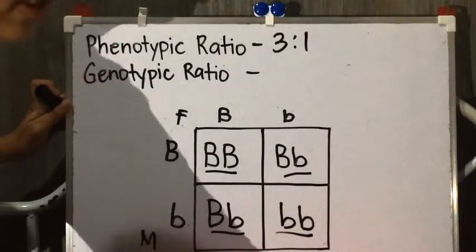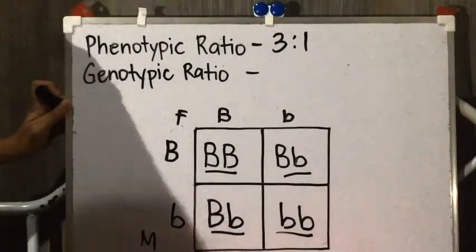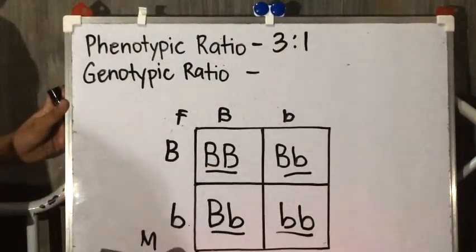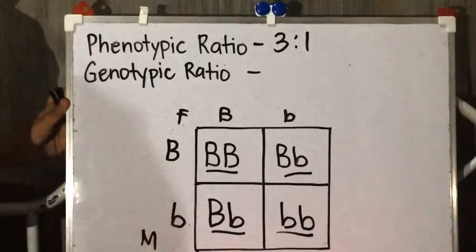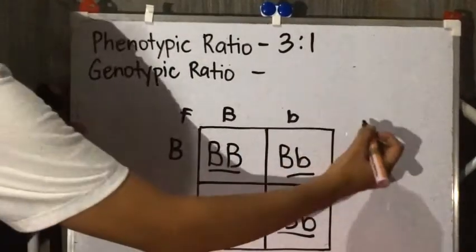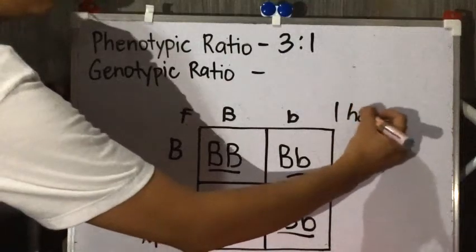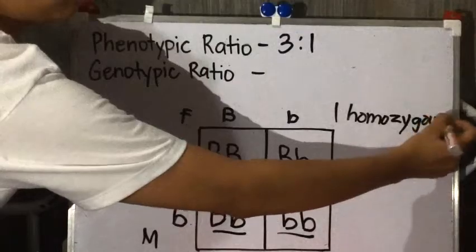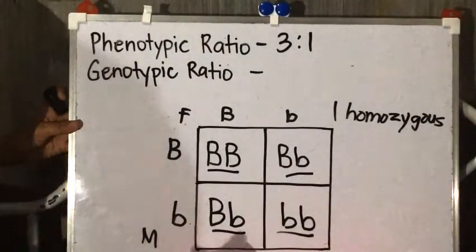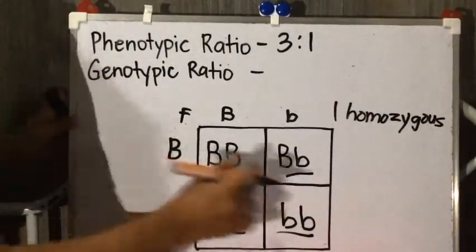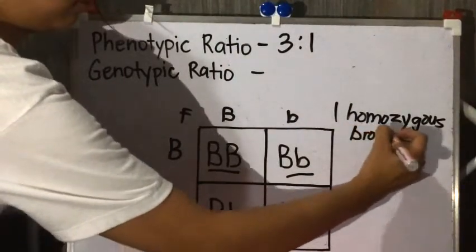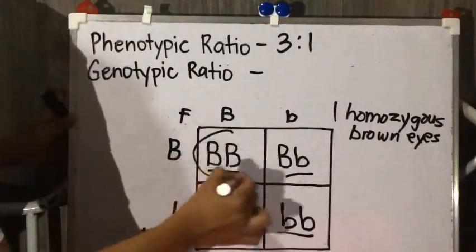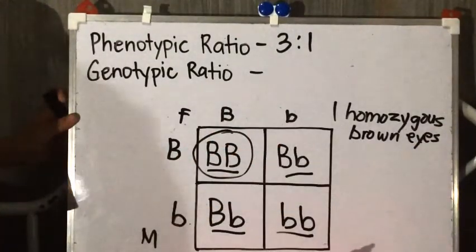So, in our Punnett square, the first one is homozygous for what trait? Homozygous brown eyes. So ito yon, 1 homozygous brown eyes.